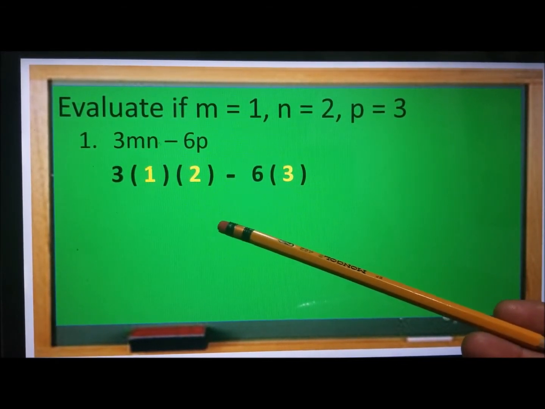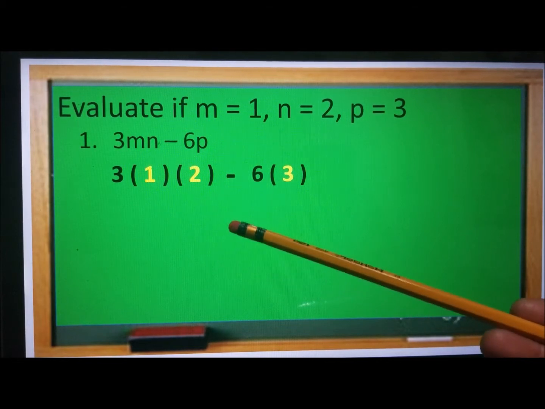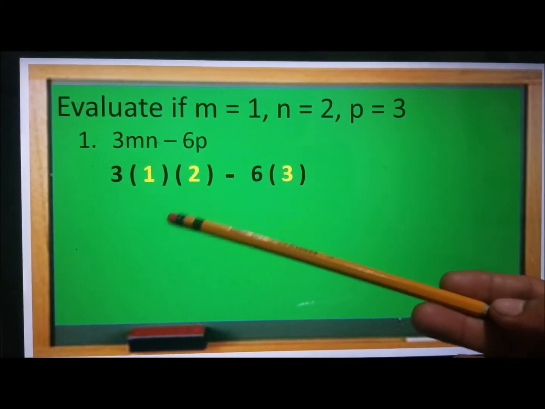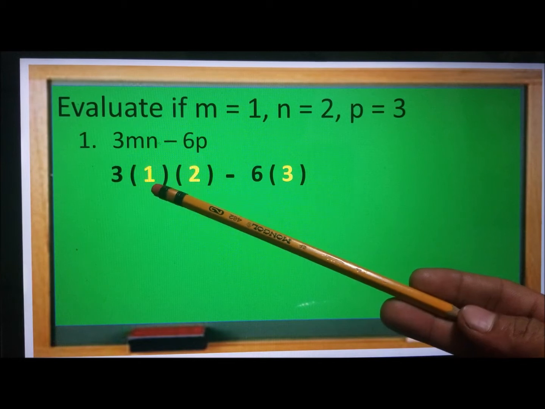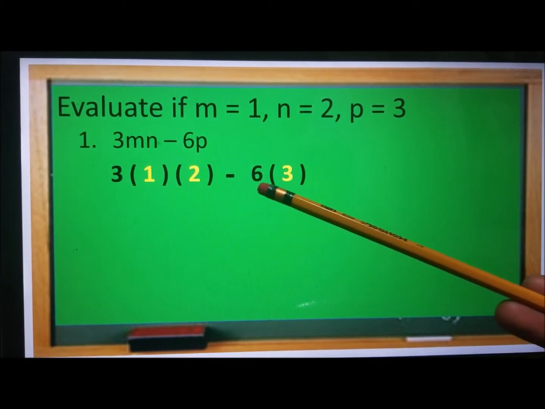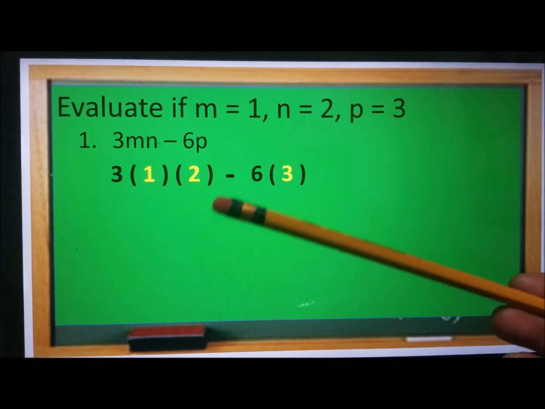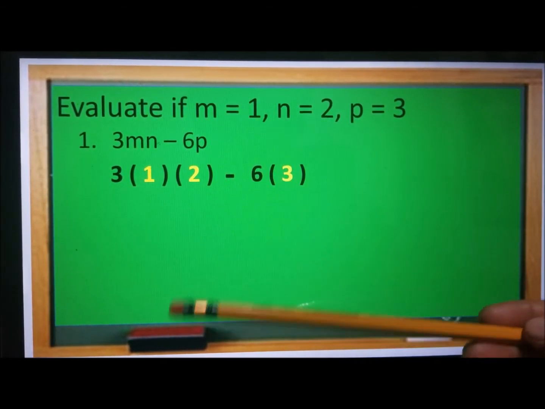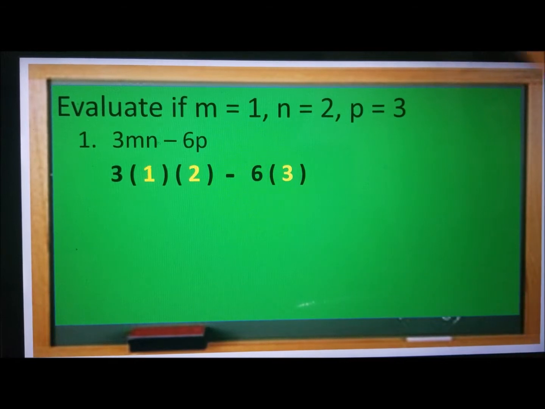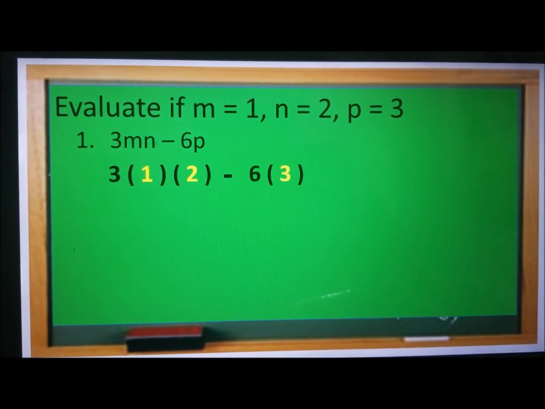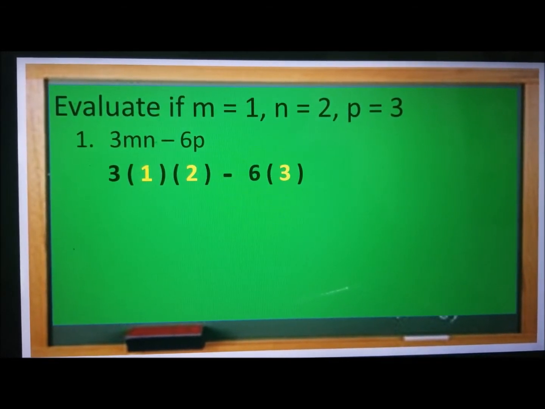So let's try to find out what operations do we have here. As we can see, we only have multiplication here, another multiplication here, and a subtraction here. So following the GEMDAS rule, we're going to do the multiplication first. So let's multiply the terms. We have 3 times 1 times 2, we will have 6, minus 6 times 3, which is 18.